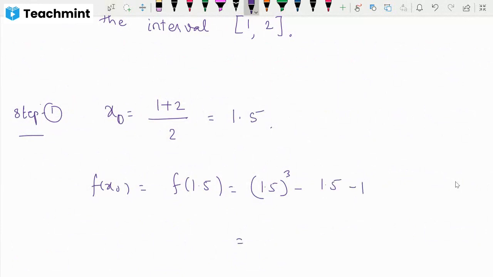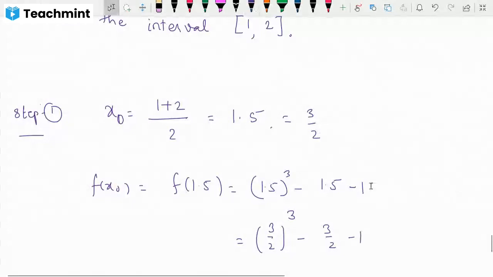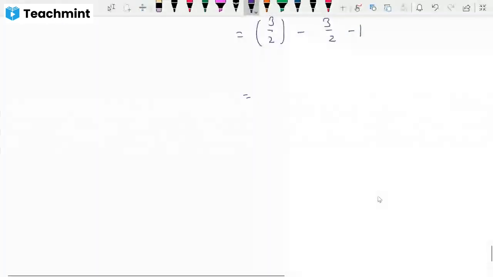And what is the value of this? 1.5 is 3 by 2, so its power 3 is 27 upon 8, minus 3 by 2 minus 1.